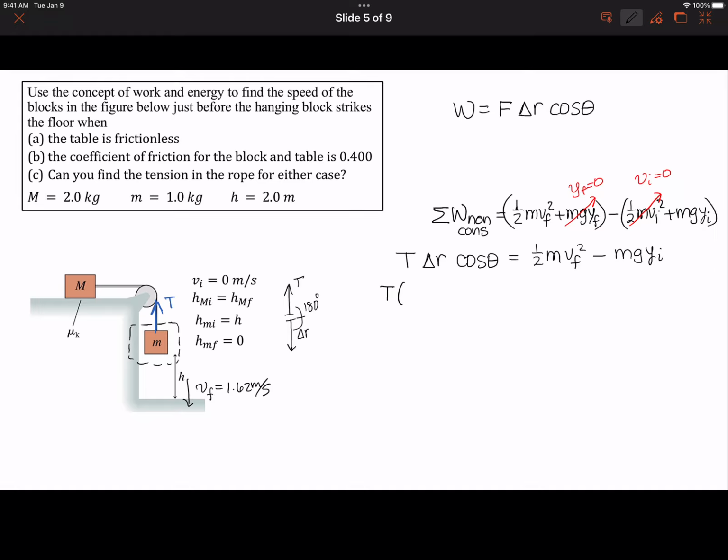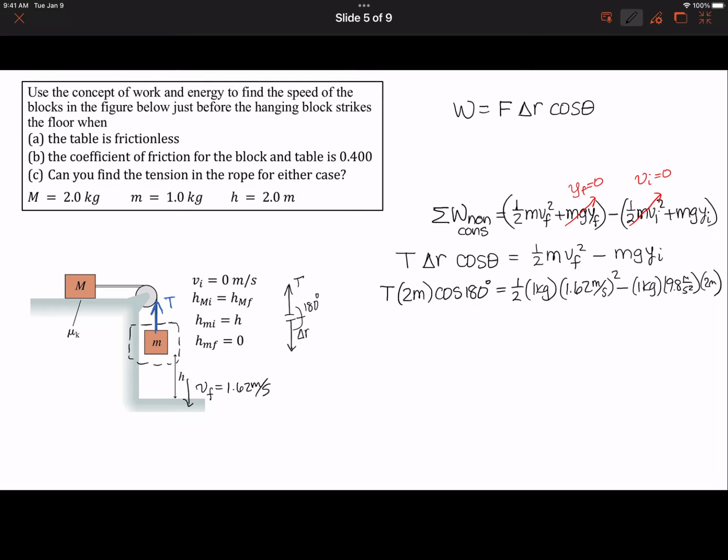The displacement is how far the mass falls, which is 2 meters, times cosine of 180 degrees, equals the final kinetic energy, which is 1/2 the mass, which is 1 kilogram, and right before it hits the ground is traveling at 1.62 meters per second. And then minus the initial potential energy of the mass, which is 1 kilogram times 9.8, times the height, which is 2 meters.